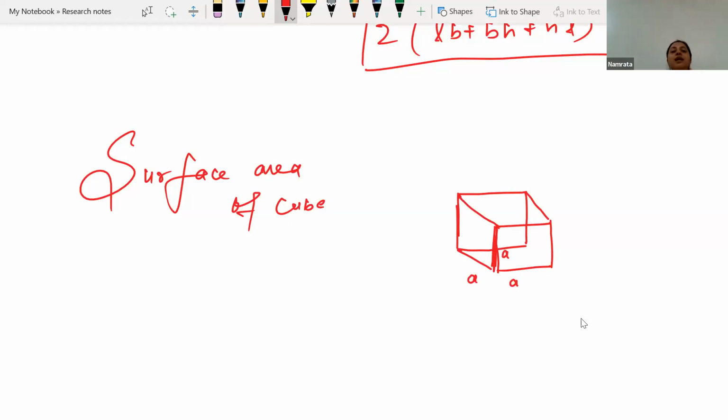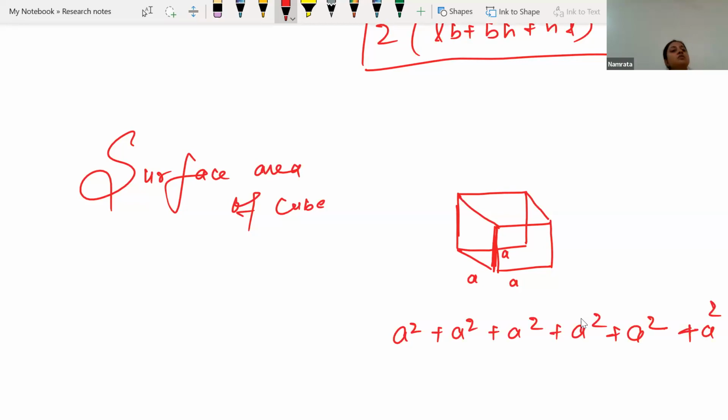The way we found the area of the left hand side, right hand side, bottom, top, back and front portions, here each area will be a square's area, that means a square. So you will have 6 times a square, because each and every surface is just a square.